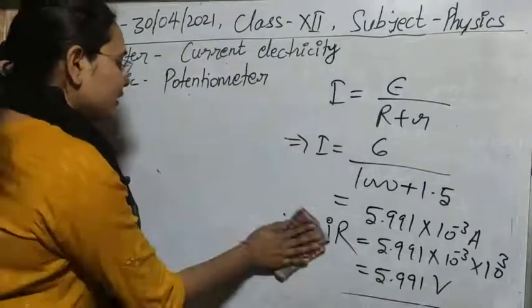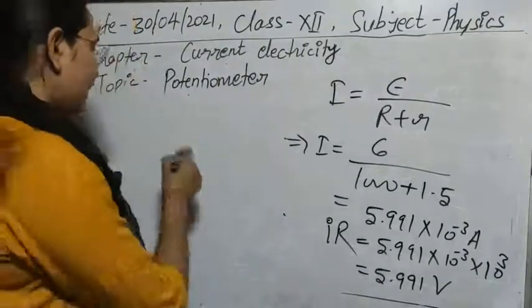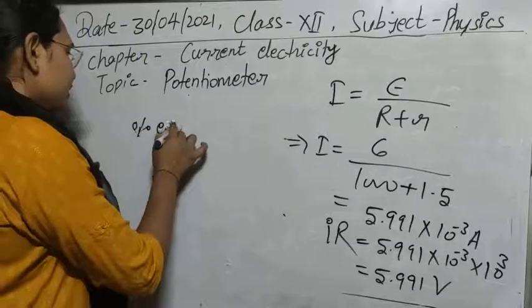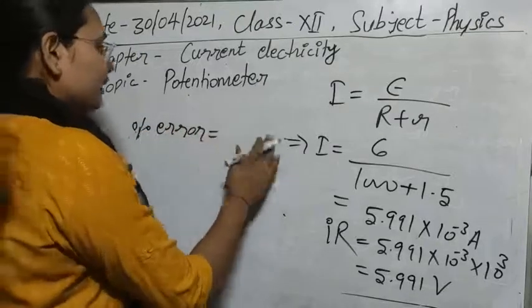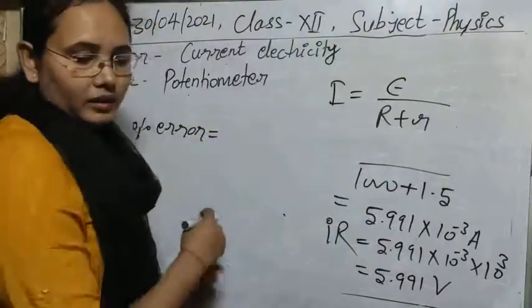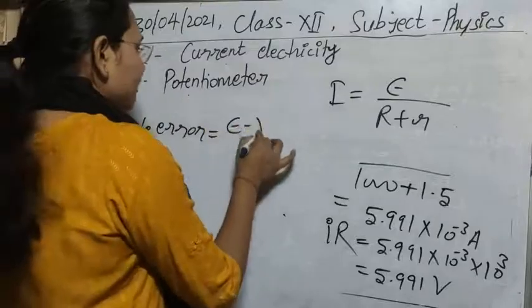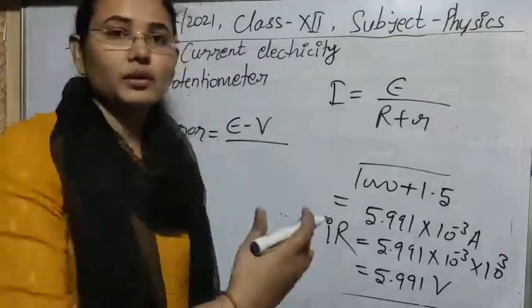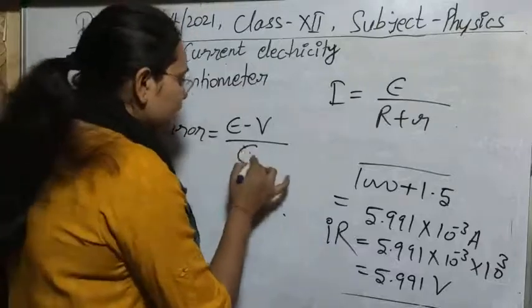You know that the percentage error is calculated by the change in potential upon the original potential into 100, or you can write epsilon minus V upon epsilon, into 100%. The original potential is epsilon.